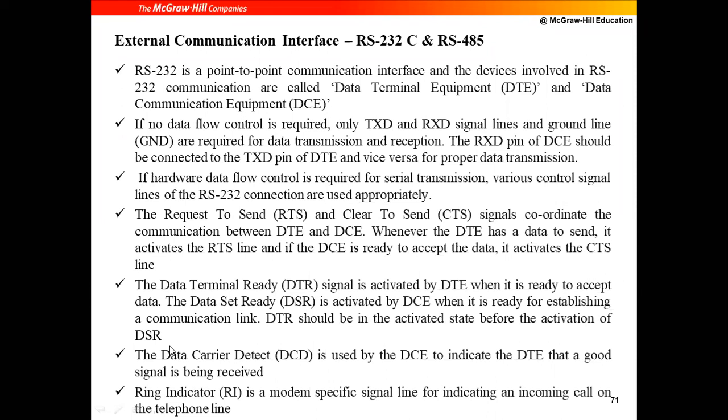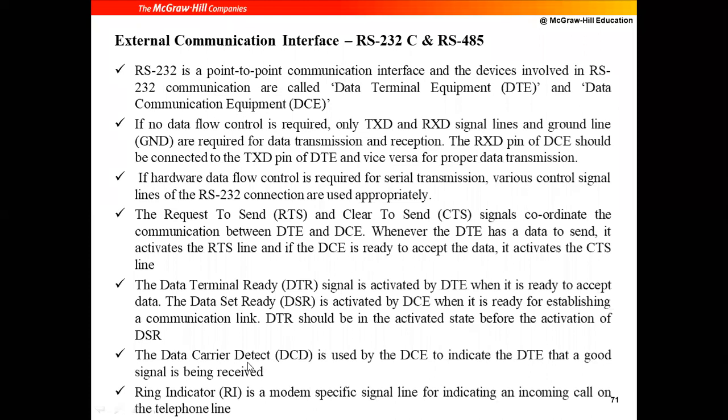First one is RTS and CTS, ready to send and clear to send. Once CTS is received, the data terminal, device 1, will activate data terminal ready, and device 2 will activate data set ready. After this activation, a link is established, and then data carrier detect. Some carrier signal should be there in order to transfer the data.